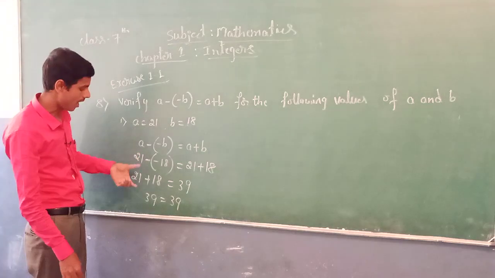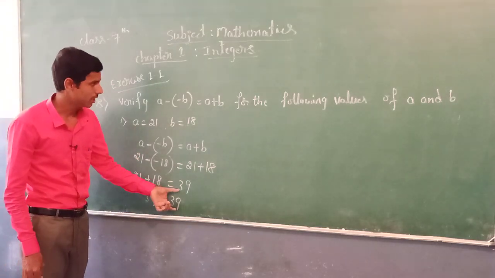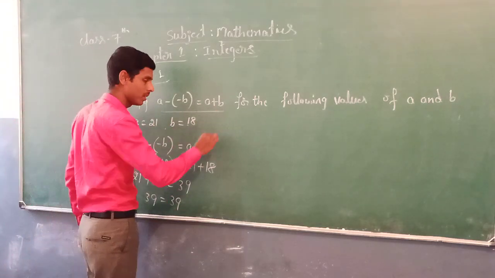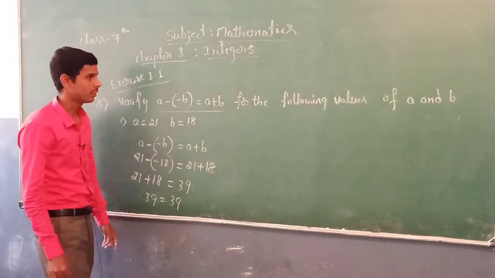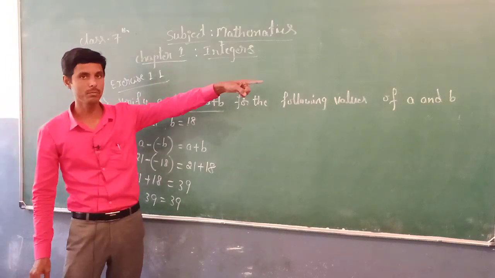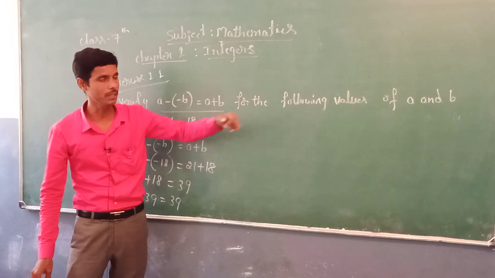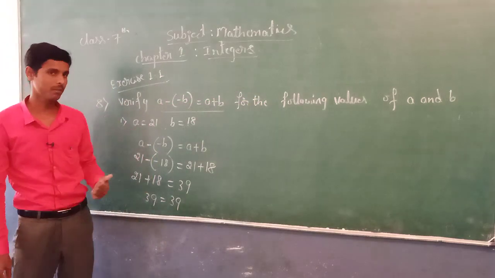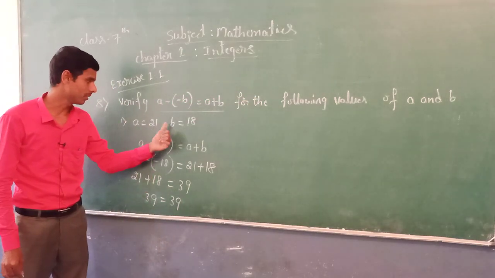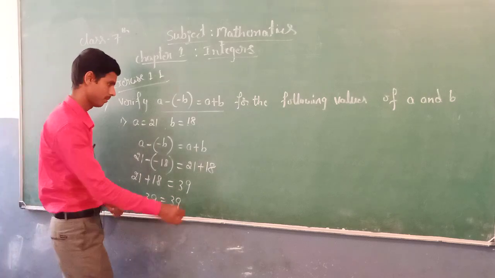Our LHS part is equal to RHS. Therefore, this statement is verified for the values of A and B, A equals 21, B equals 18.